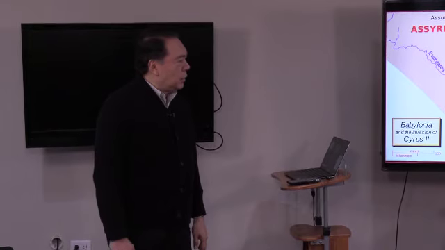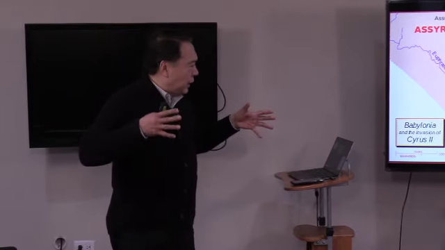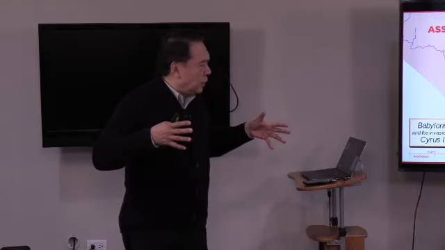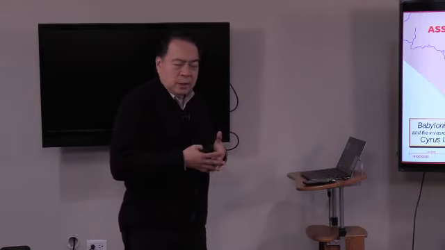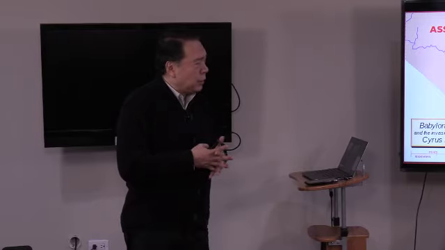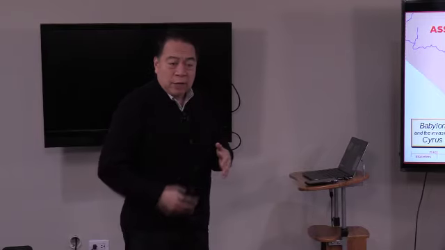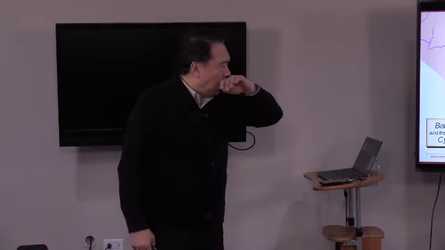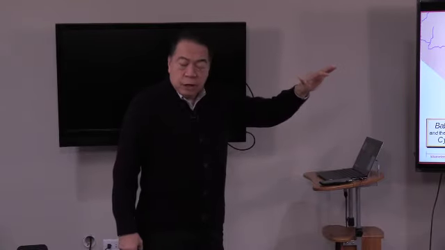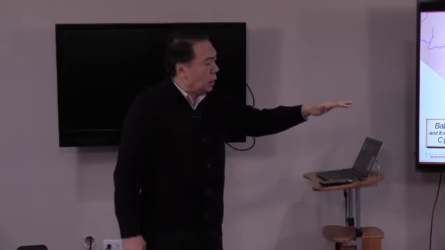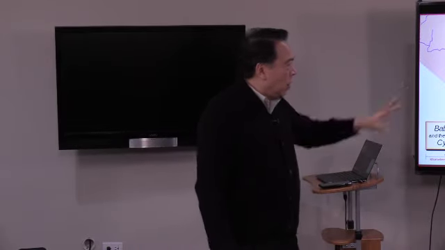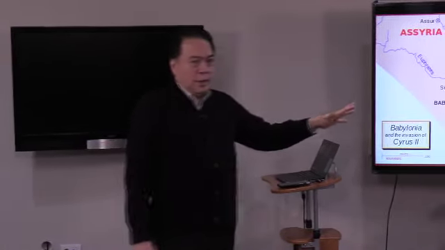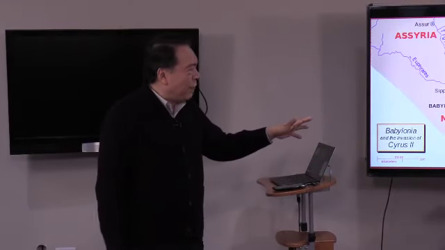All right, so let's see exactly where the setting of Daniel 5 is. After the collaboration between Cyrus and Nabonidus, Cyrus went on a rampage of all the territories north of Babylon. And he kept on winning left and right to the point that he was even conquering some of the colonies of Babylon.